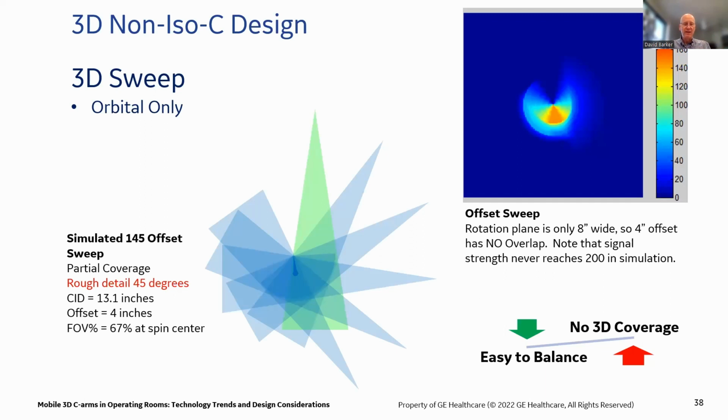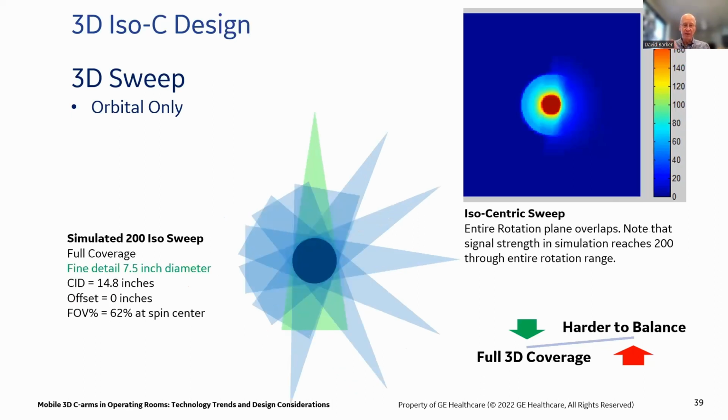So the offset allows me to make it a whole lot easier to balance the C and to get the whole weight of the C assembly lower, which then gets the system weight down, but it gives me absolutely terrible 3D coverage. So really to get good 3D coverage, you need some way of keeping the center of the image about the center of rotation all the time.